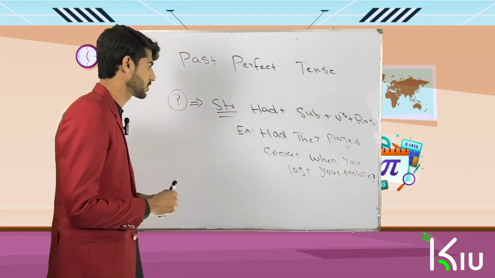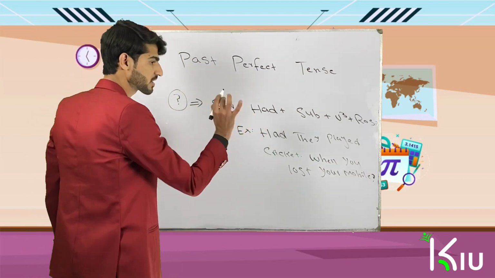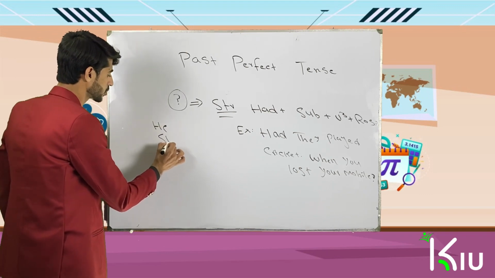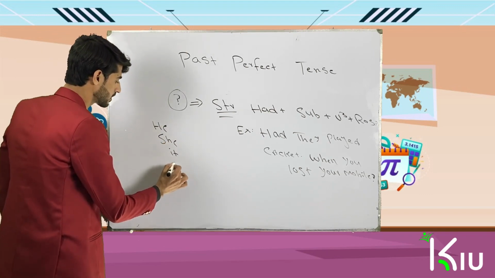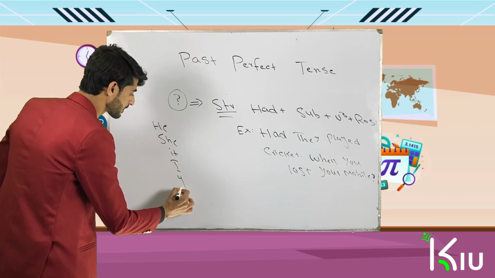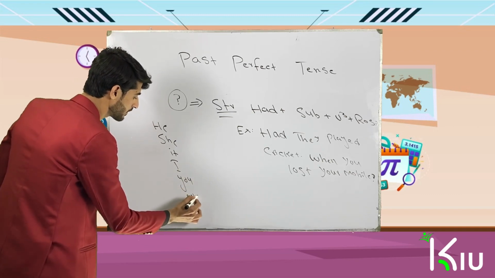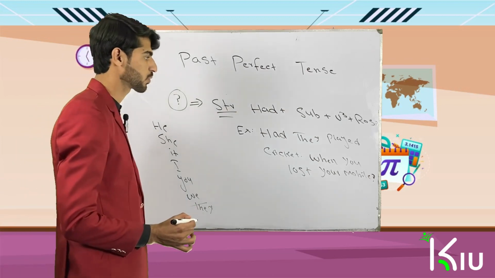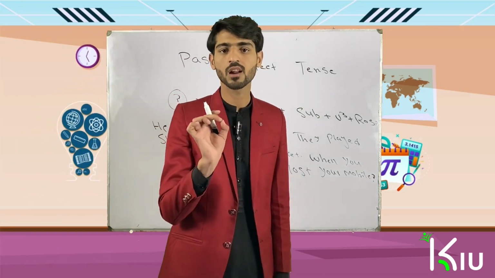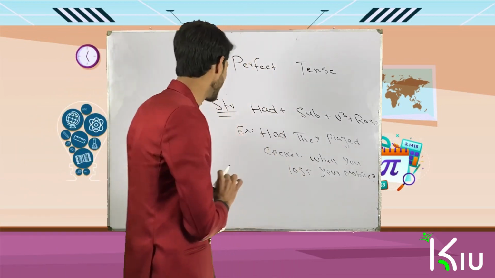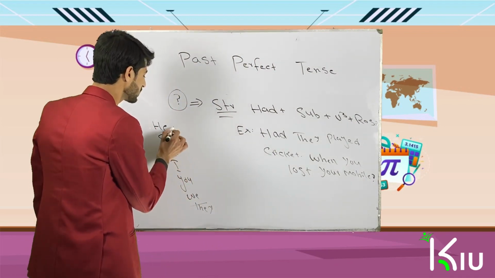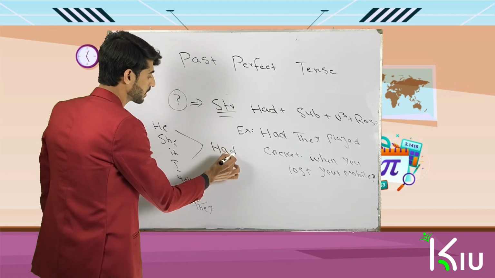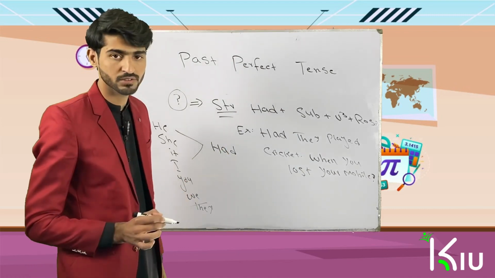As I told you, whether the subject is he, she, it, I, you, we, or they, singular or plural, we will put had. With these subjects in past perfect tense, we will use had. With that, we will use the third form of the verb.